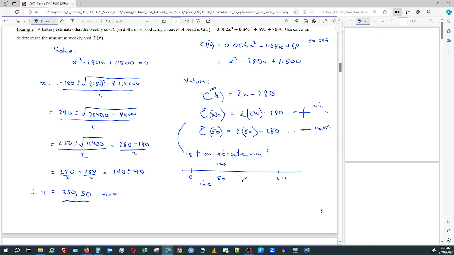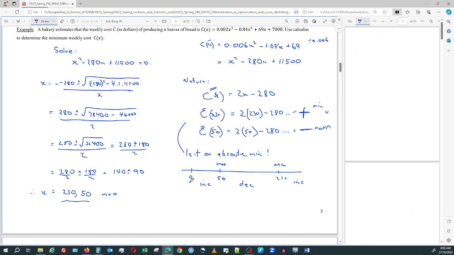And then it's decreasing. Then we've got a min. And that means this one up here, greater than, is increasing. So it just looks like that's correct.